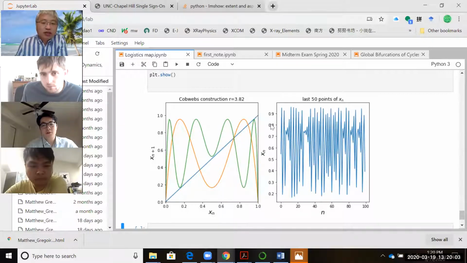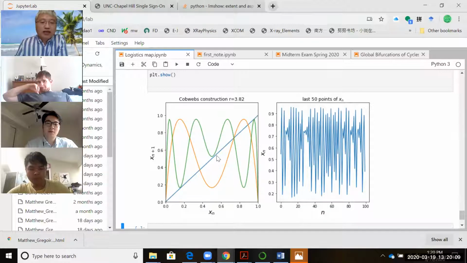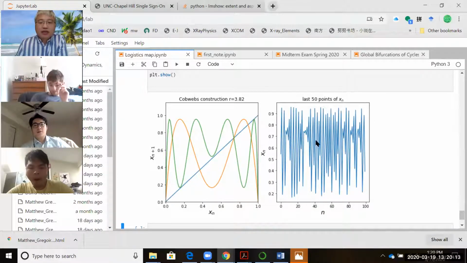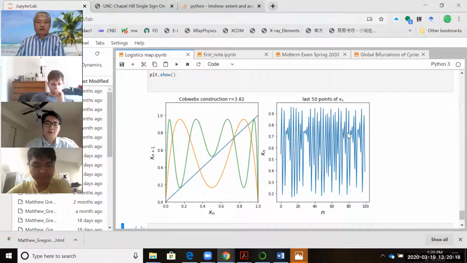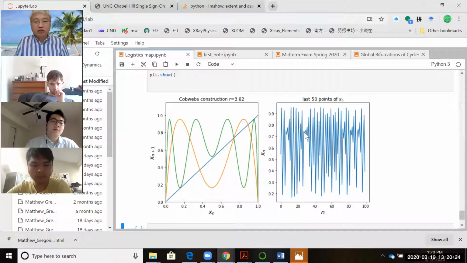Once it touches the diagonal, you develop period 3. At the moment it's not quite there yet, and the behavior of the iteration of the map is chaotic. It looks like it's trying to get a period 3, but it cannot quite hold it, and then it goes berserk. It goes to some other value, and it tries again. This is called intermittency.